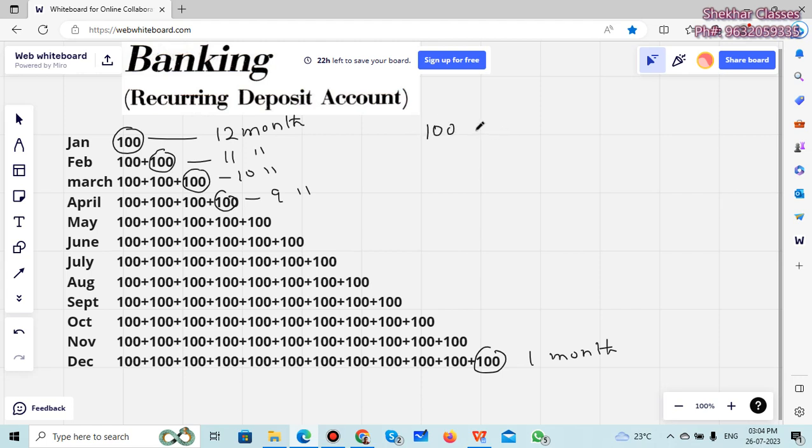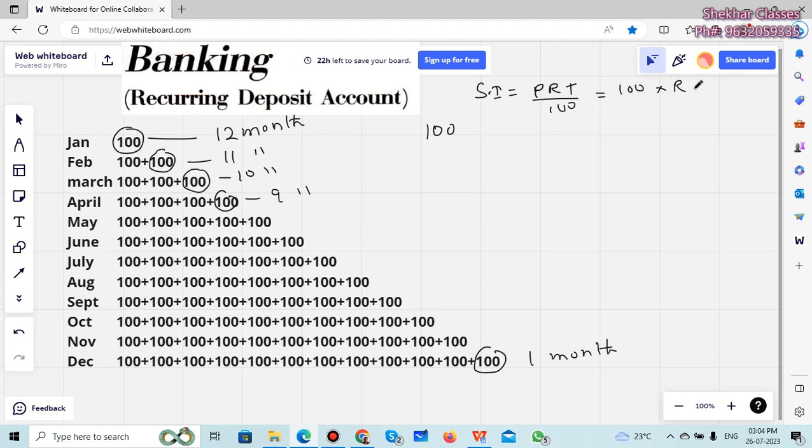For 12 months. If you use the simple interest formula, what is the simple interest formula? PRT by 100. What is the principal? 100 rupees. What is the rate of interest? Let it be R only. And what is the time? It is 1 month. The rate of interest is annual.